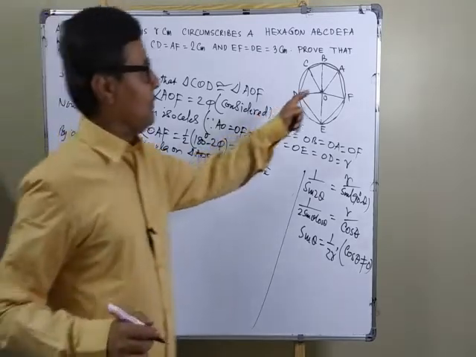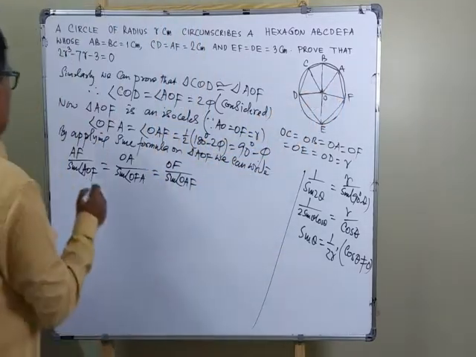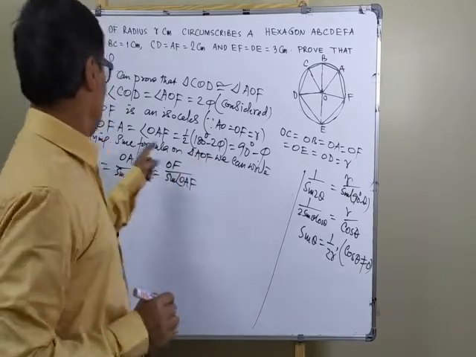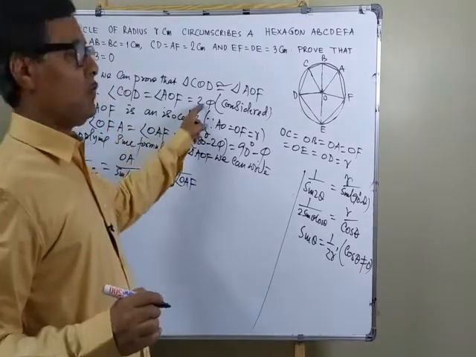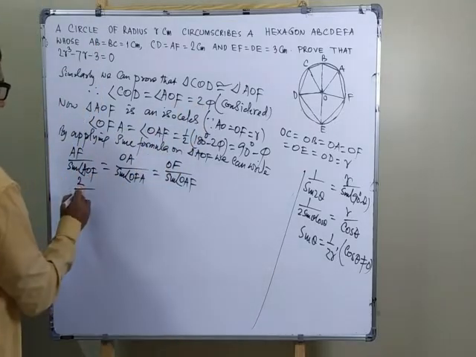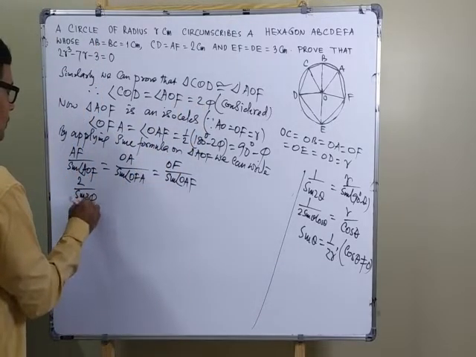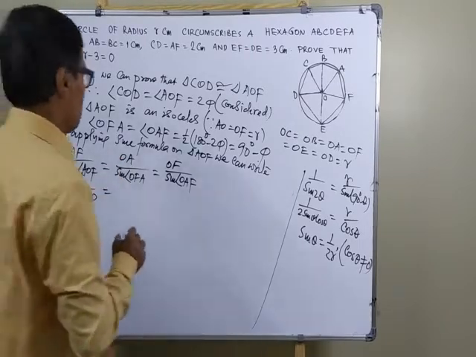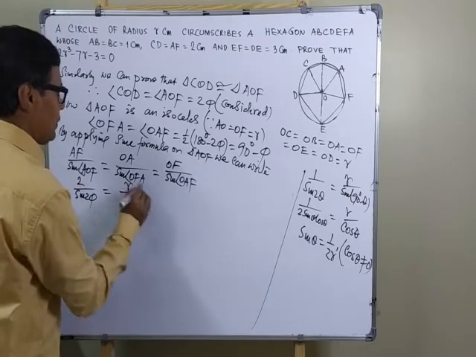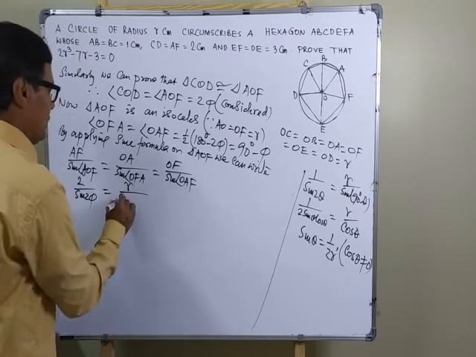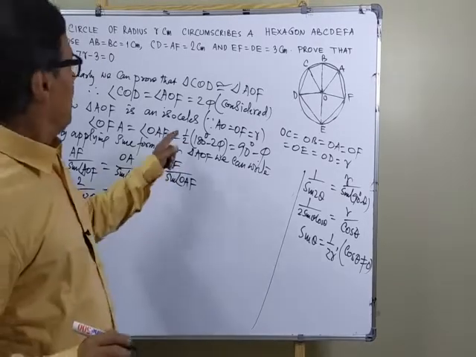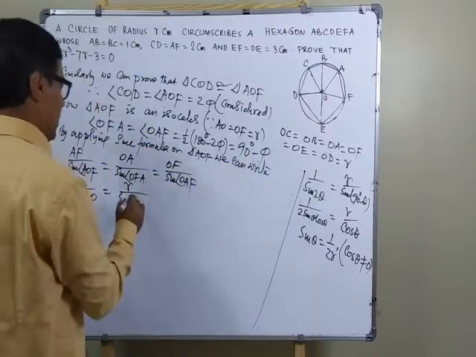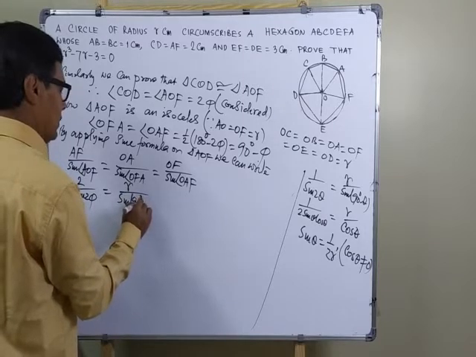If AF is given as 2 centimeters, that is 2 over sine AOF. AOF is considered as 2 phi, that is sine 2 phi, is equal to OA. OA is considered as R, over sine OAF. Sine OFA is equal to sine of 90 degrees minus phi.